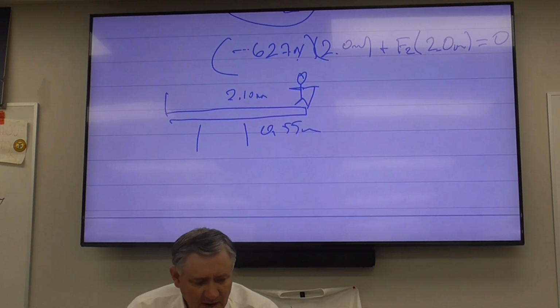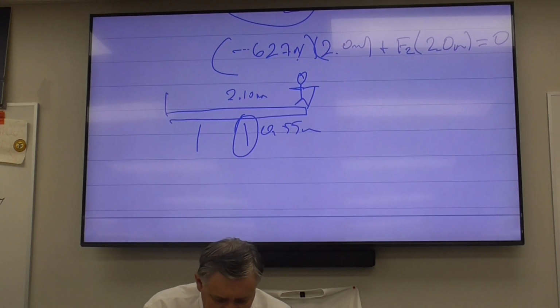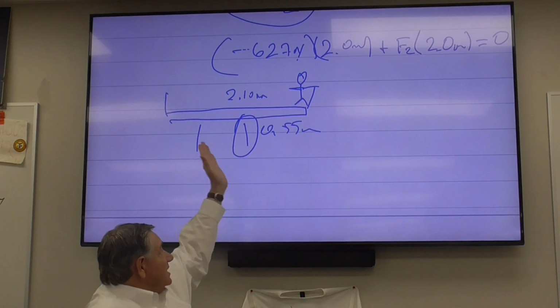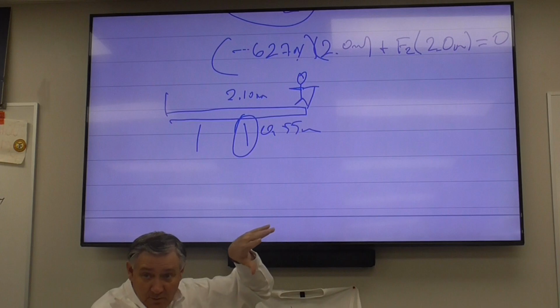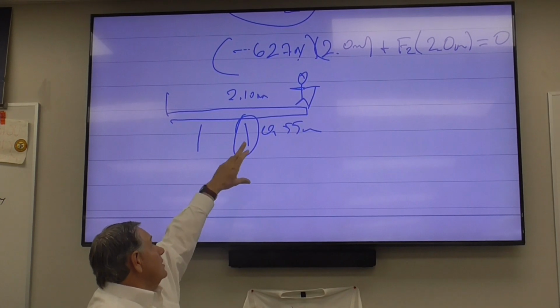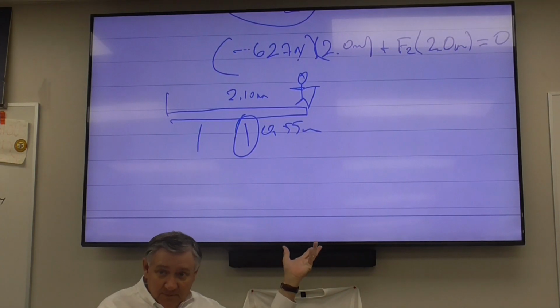When you're trying to balance this thing out, you have two torques about this edge right here. You've got the guy out there on the edge, which is trying to make that table go in a clockwise direction. You've got the center mass of the table, which is creating a counterclockwise torque.